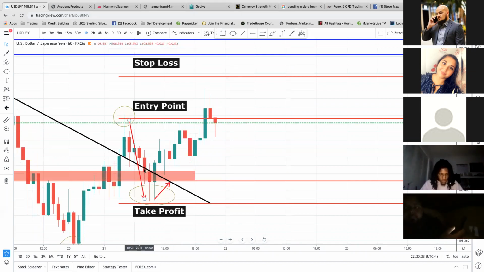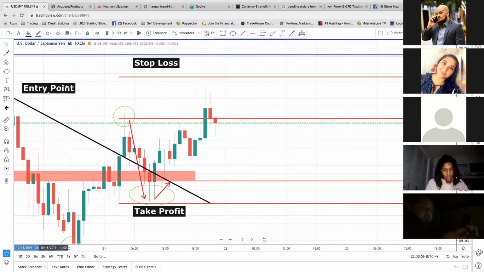Let's say you get about halfway, right in this area right here. What you can do now is go into the trade and press modify trade. When you modify the trade, look at what you can do. You can now make your entry point your stop loss for a break-even trade.